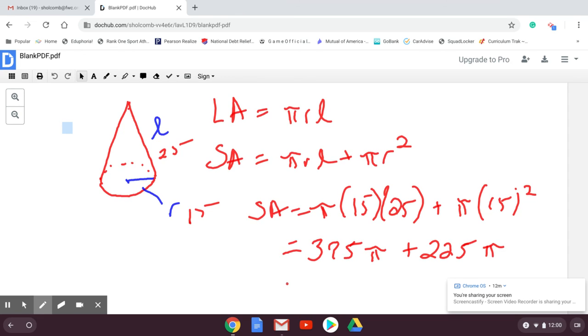And so I believe that that is 600 pi, either inches or centimeters. I think this one's centimeters squared. I'd have to check it. Yeah, it's centimeters squared. This is problem number 3 in the book.